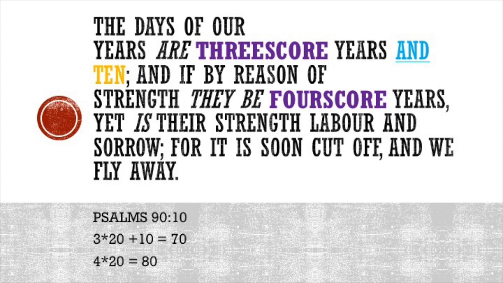So what they're really saying is the days of our years are 70. Continuing the same verse, we have, "And if by reason of strength they be 4 score years." So 4 score is 4 times 20, which is 80. In other words, if by reason of strength they be 80 years.